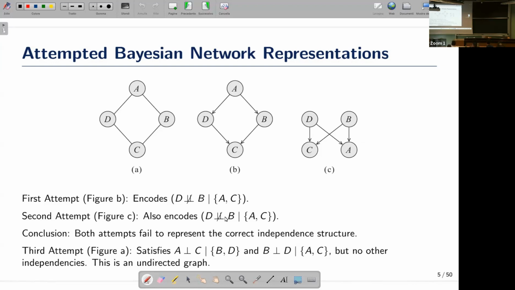But here, if you look at D and B, again, you have a problem with conditional dependence. So whatever structure of DAG you think about, it's impossible to codify the conditional independence we want in a DAG. So we need to change something, right?